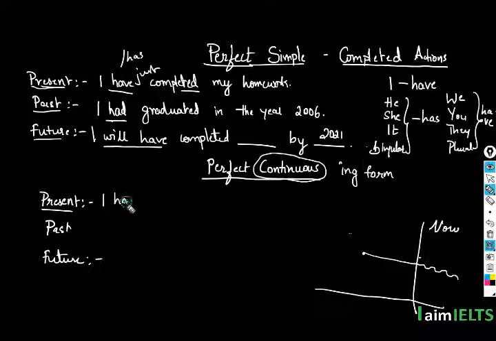I have been working for Wipro. I have been working for Wipro. So from this sentence we understand that I started working for Wipro somewhere in the past and I am still continuing it.